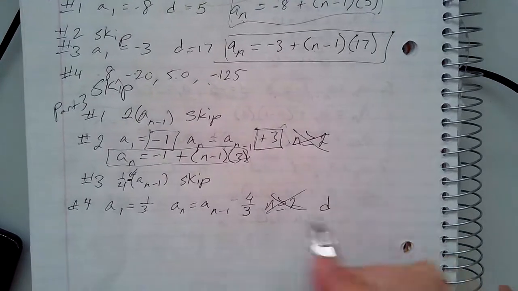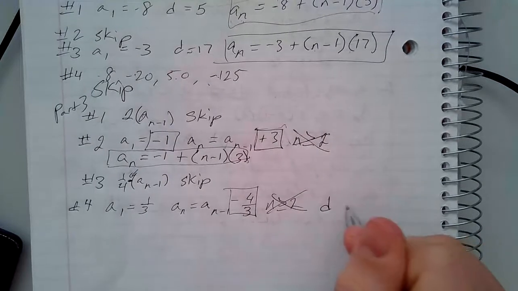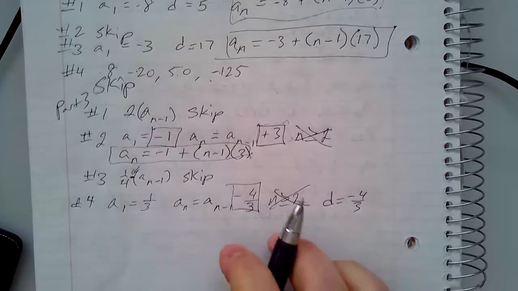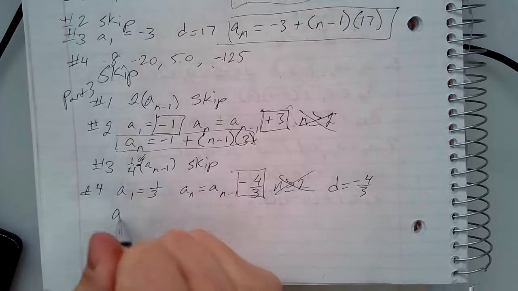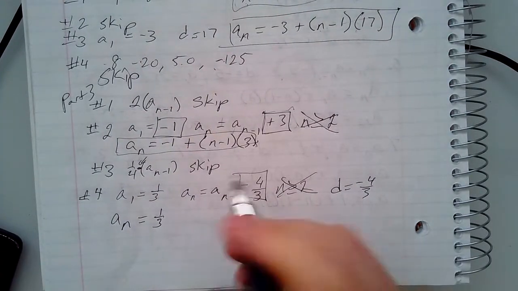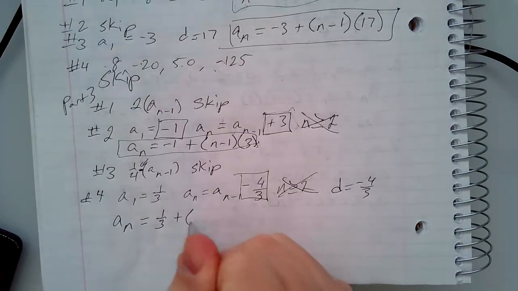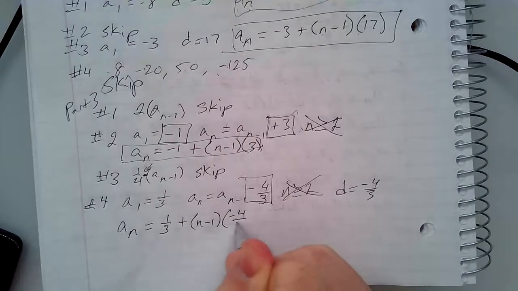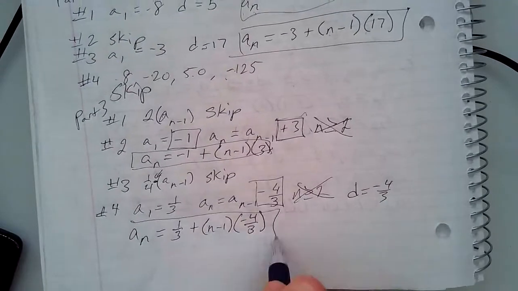So we can tell that our d is negative 4/3 because that's what's on the back. And then we just plug it into that formula. A sub n is equal to the first term, 1/3, plus n minus 1 times negative 4/3. And we are done.